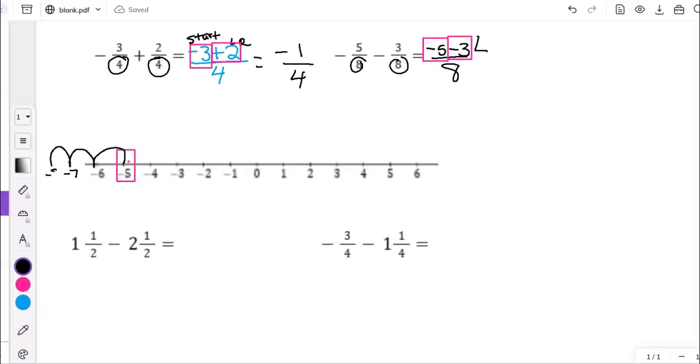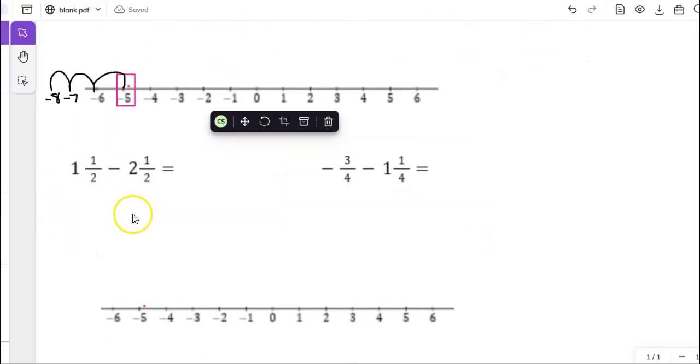And if you ever run out of number line, you can always add spaces for you. So I have -8 here. -8 divided by 8, I can simplify this. You can just treat it like it's division. -8 divided by 8 is just a -1. Remember though that if you leave your answer just like this, that's totally okay too.